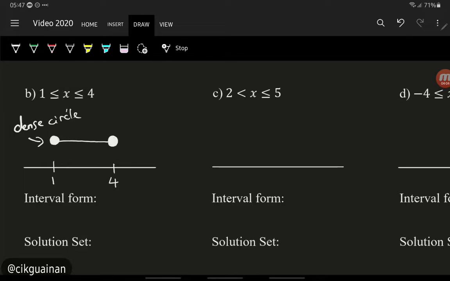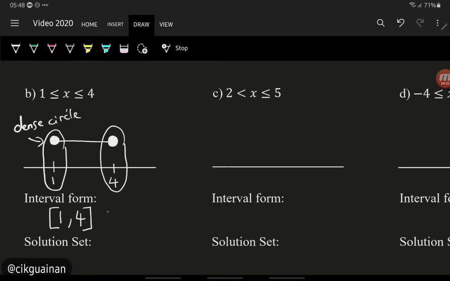Now for interval form, for a dense circle, we are using this kind of bracket, a square bracket. So for 1 it is a square bracket over here, and then we put the value 1, and then a comma. For this one, it's a 4, and this 4 is included in the interval.